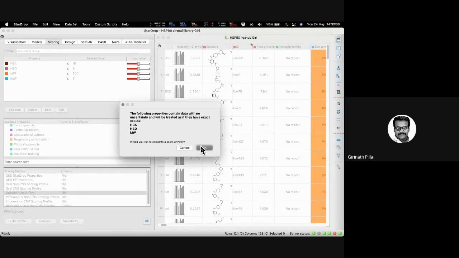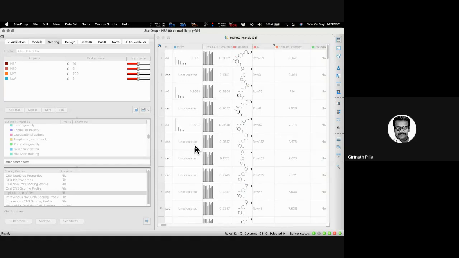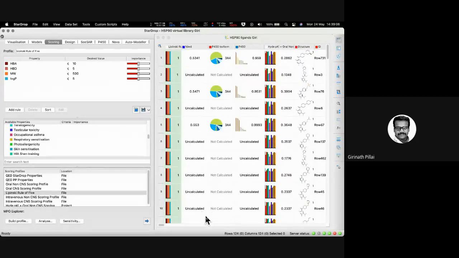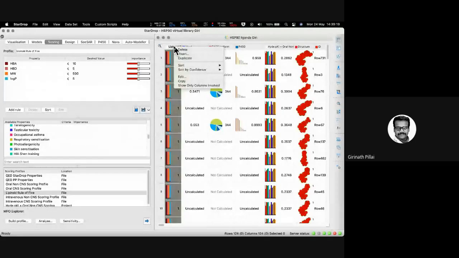That's why this uncertainty warning is coming. That's okay. Now we gave it, so let us wait for the results. Yes. Now, most of the compounds have the score as 1. 1 means it is satisfying the Lipinski rule. But let's see if there are some other compounds which are not going along with the Lipinski rule of 5.